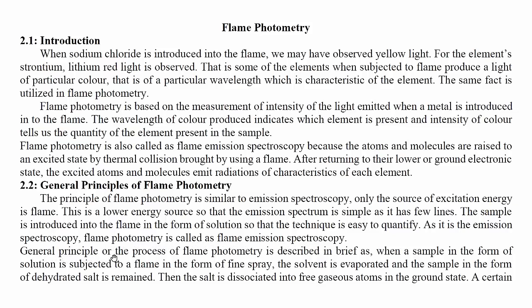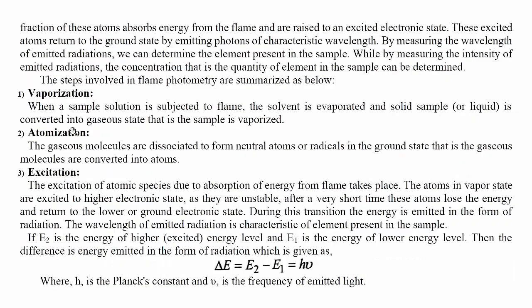The general principle, or process, of flame photometry is described in brief as follows. When a sample in the form of solution is subjected to a flame in the form of fine spray, the solvent is evaporated and the sample remains in the form of dehydrated salt. Then the salt is dissociated into free gaseous atoms in the ground state. A certain fraction of these atoms absorbs energy from the flame and is raised to an excited electronic state.